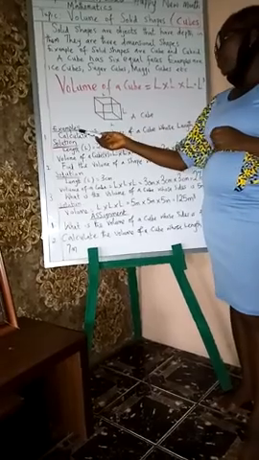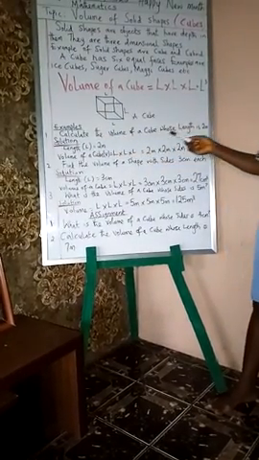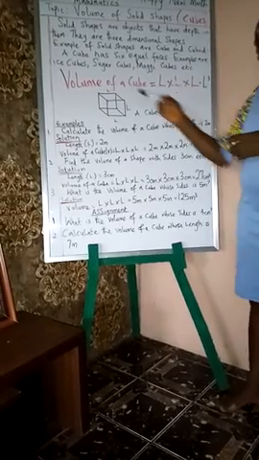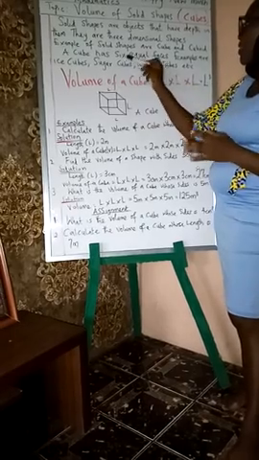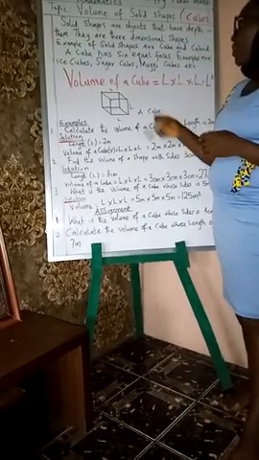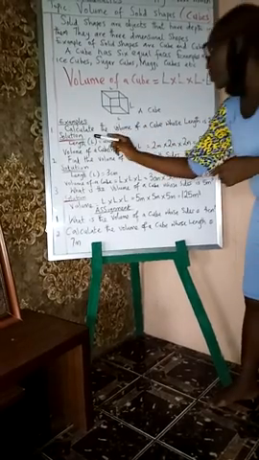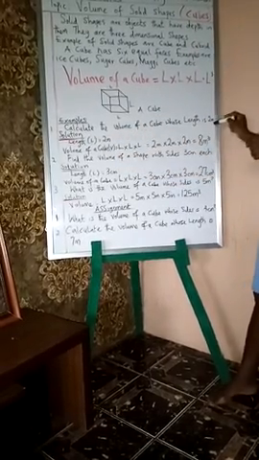Let's take the examples. Example 1 says, calculate the volume of a cube whose length is 2 meters. What now is the length? We have this shape here. You can see the length. I told you that a cube has 6 equal faces, 8 corners, 12 sides. Now looking at this, the length is 2 from the question.